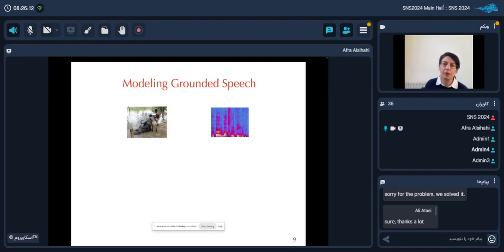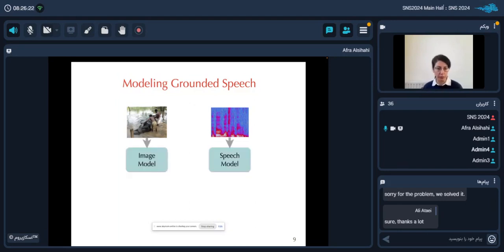So what happens here is that you have two different modalities. You have images on the one side and you have spoken utterances on the other side. And you pass each of these to a specialized model, right? So you have an image model on the left and you have a speech model on the right. But critically and crucially, each of these models receives the corresponding modality and translates it to a vector representation, which is supposed to contain the description of the content of this item, right?